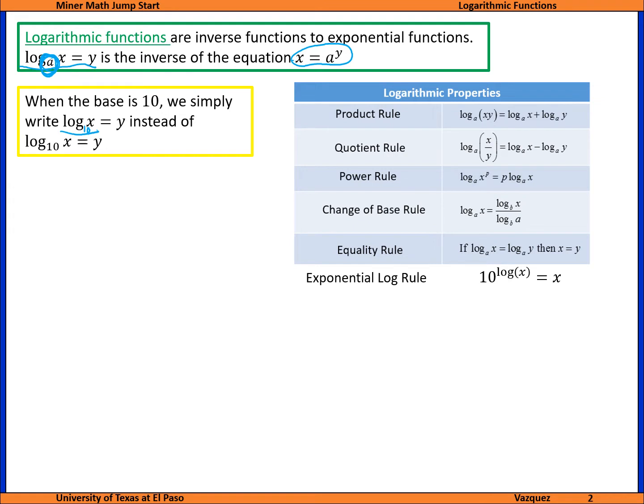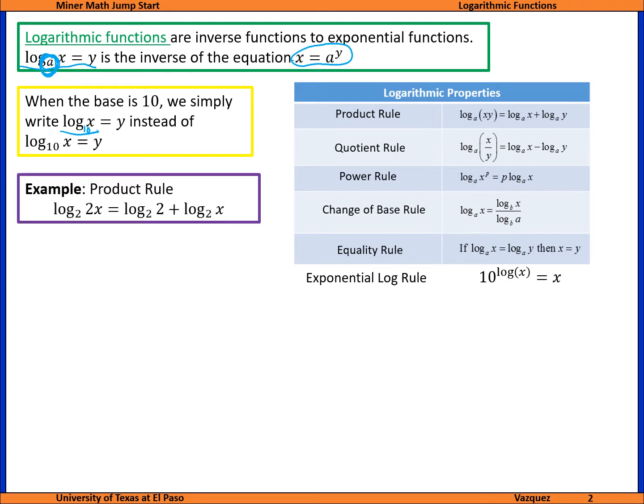So first things first is the product rule. If we have log base 2 of 2x, we can split that, right? We can split it into addition. So addition and multiplication are related when it comes to logs. You can expand with addition. What happens is log base 2 stays. Now we expand it, and the 2 and the x get separated.